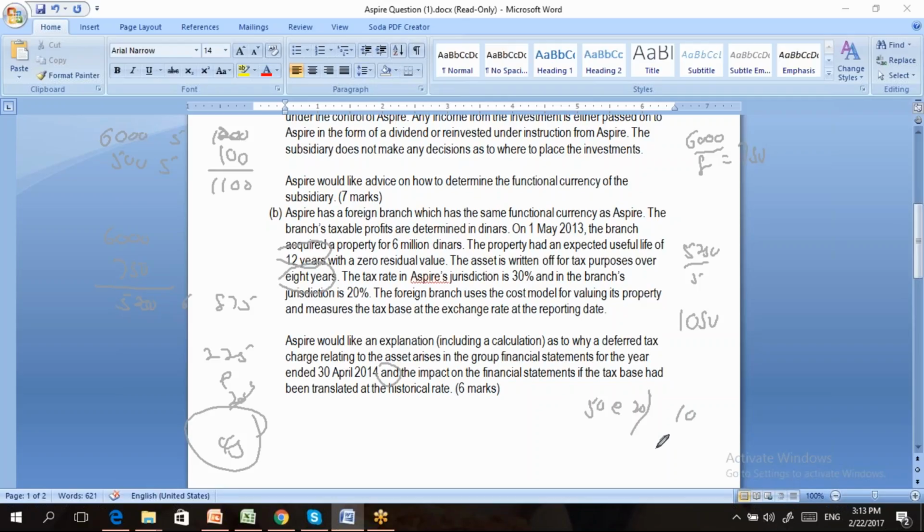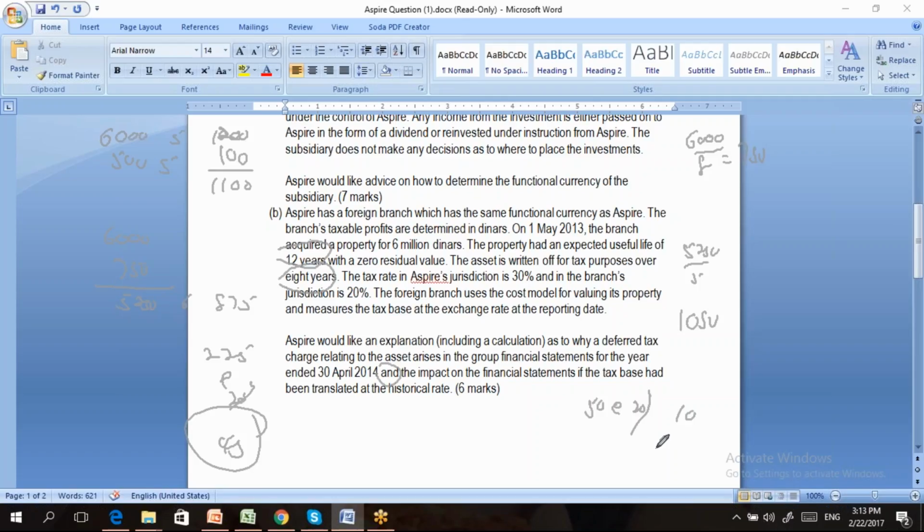So you can see the way they present it, because exchange rates are given at the bottom of the question, and the last part was a nasty one, the impact if the base had been translated at the historical rate.